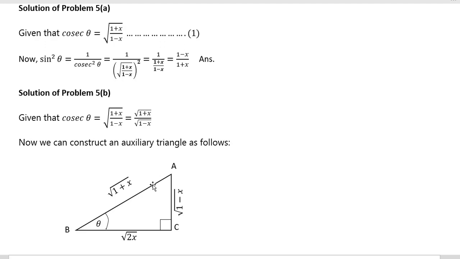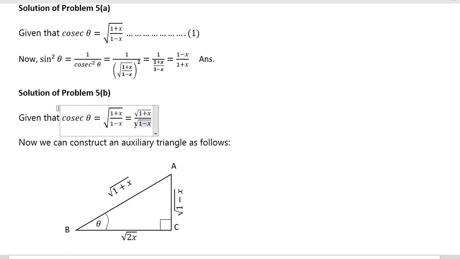You can see that we have taken a right angle triangle ABC as the auxiliary triangle. We know that cosec theta equals hypotenuse by perpendicular. So we have taken root over 1 plus x as the hypotenuse, as the numerator, and as the denominator is root over 1 minus x, and cosec theta relates with a triangle like hypotenuse by, sorry, hypotenuse by perpendicular.